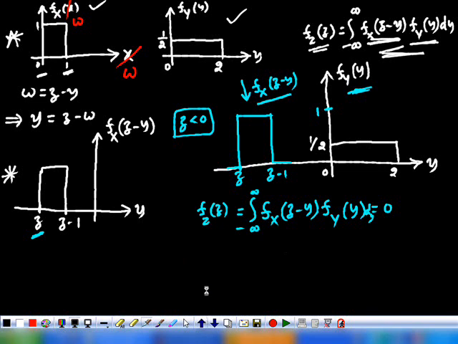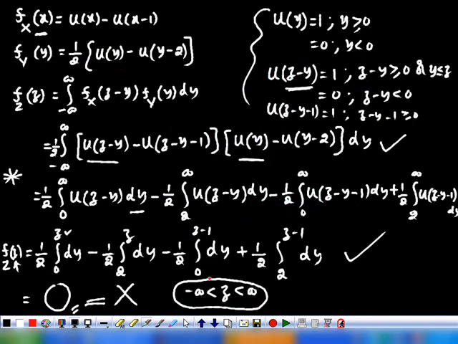Now come back to the integrals. If you observe this, I assume z is less than 0. See, z is in the upper limit. If z is less than 0, obviously this integral is 0. Here also this integral is 0, here also it is 0, and here also it is 0. Why? Because when z is less than 0, we are starting at 0.